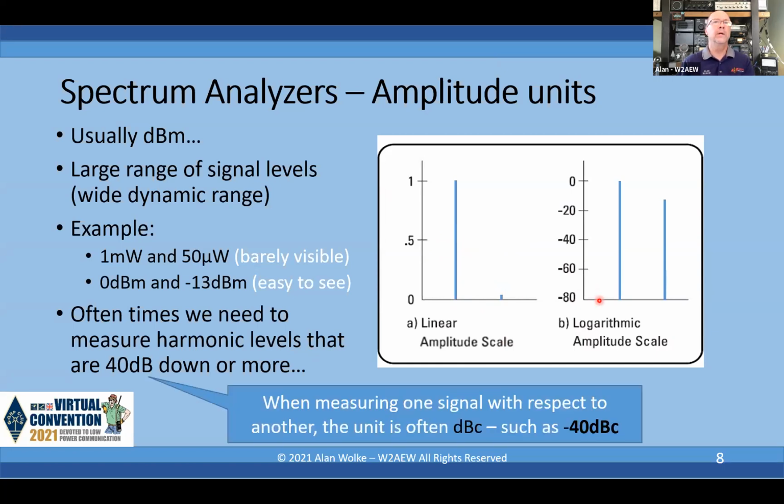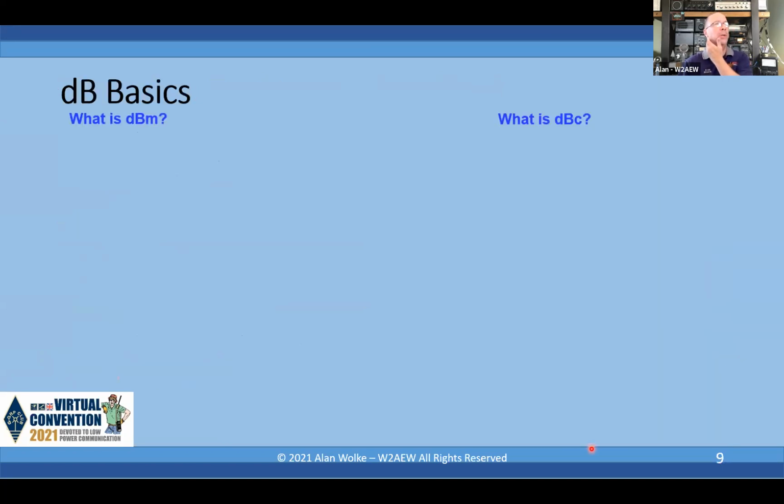Oftentimes when you see 40 dB down from something, that typically means 40 dB down from a carrier level, and that's often expressed as 40 dBc, dB down from a carrier. So let's expand on this a little bit and talk about the basics of dBs.